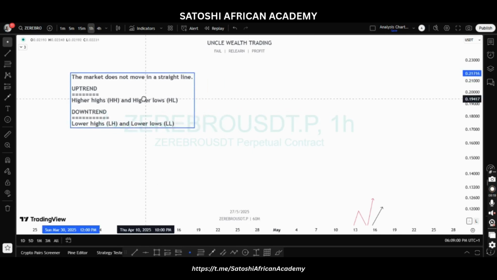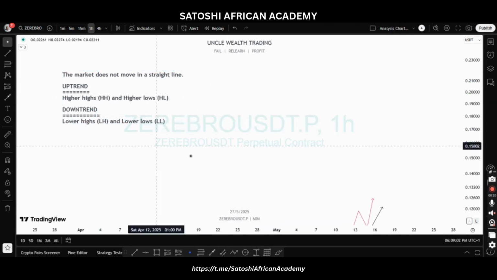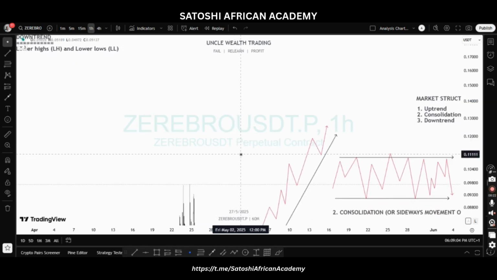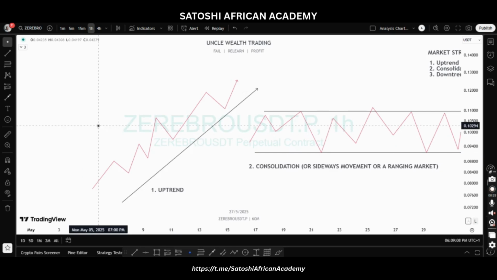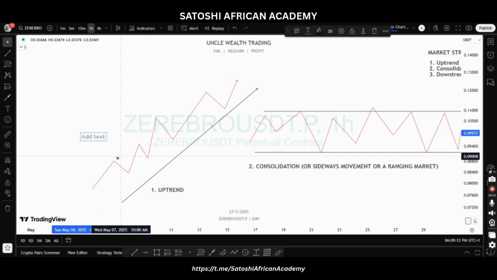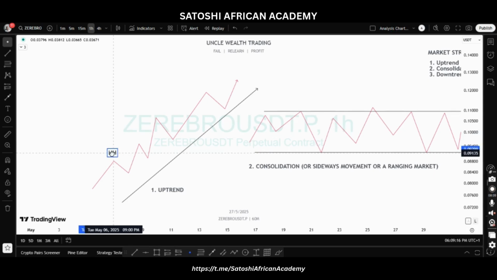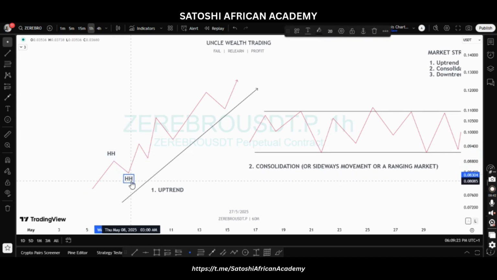So all we're basically saying is this: if we zoom in to our uptrend, we have our higher high here, this is our higher high, and then we have our higher low.